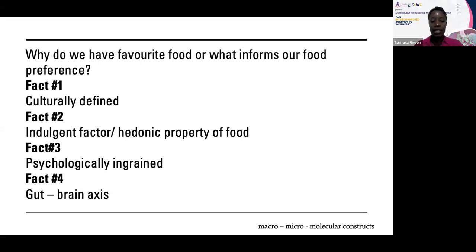And this is because its indulgence factor speaks to how sweet or how much fat is in the food itself. So for example, creamy foods, foods that are fried, like fried chicken, pastries, fruits, candies are inherently more palatable.